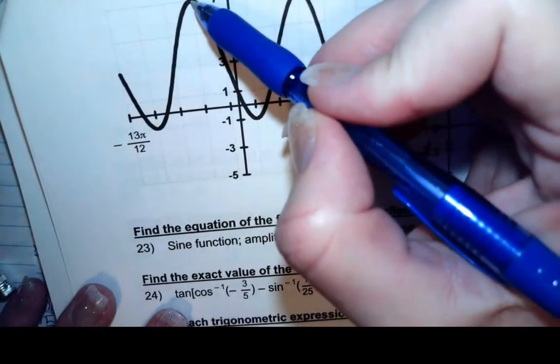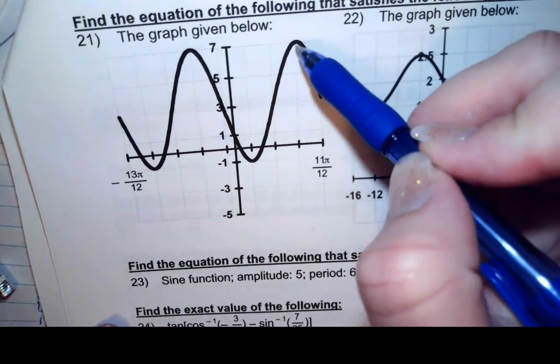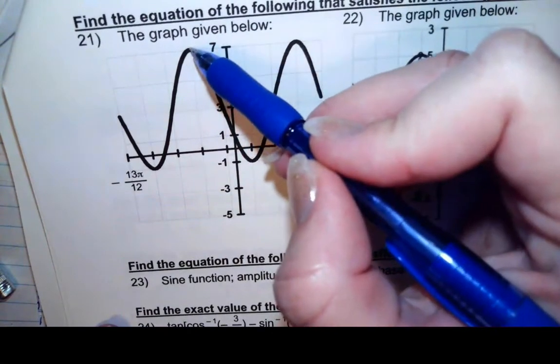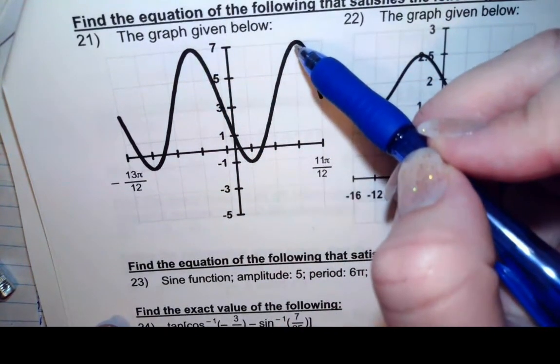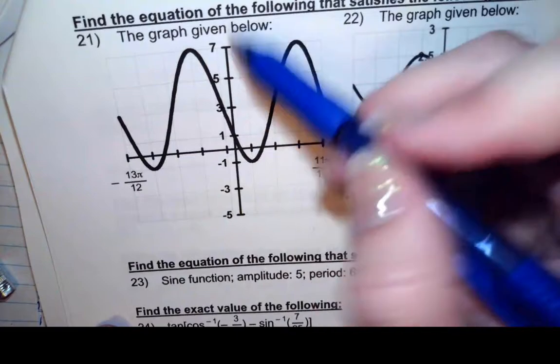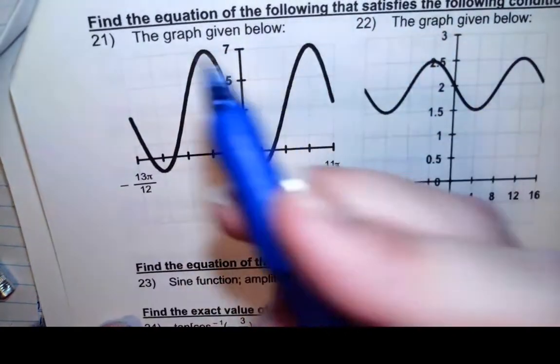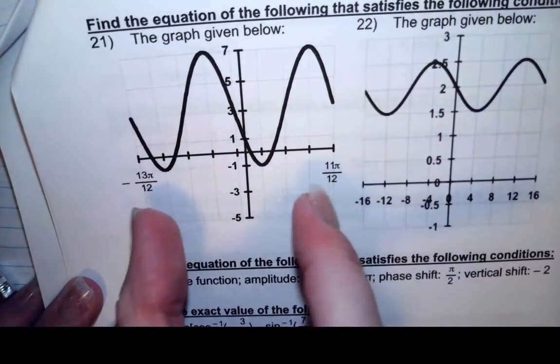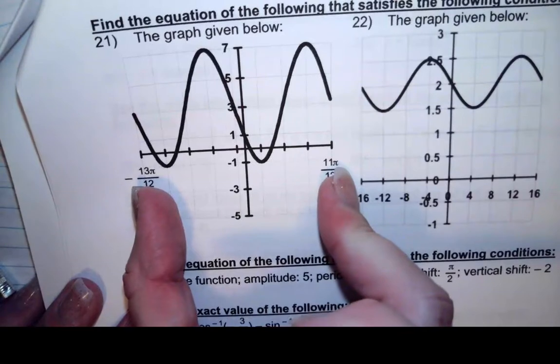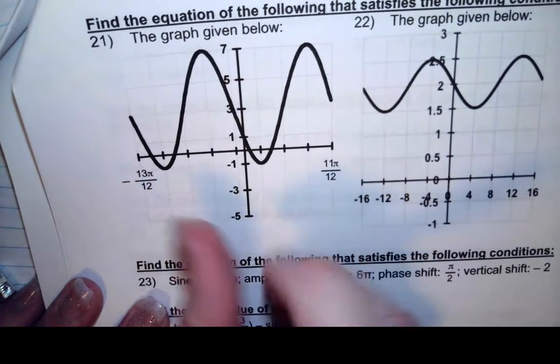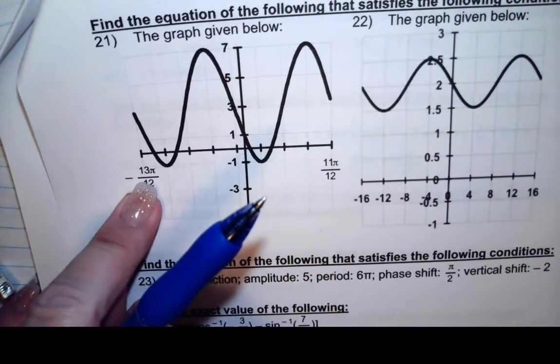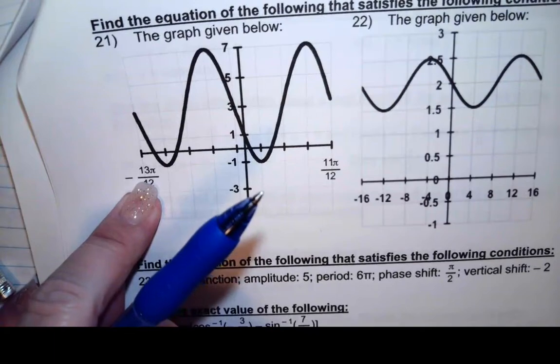So I do know that this right here is a good repeat, and I know that this right here is a good repeat. So if I can go from here to here and find off my markers and then subtract, I'll know how long it takes to get from here to here. So we have got an interval of 24 pi's over 12, because 11 pi's over 12 minus negative 13 pi's over 12 is 24 pi's over 12.